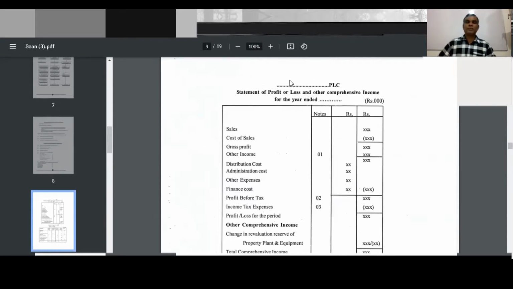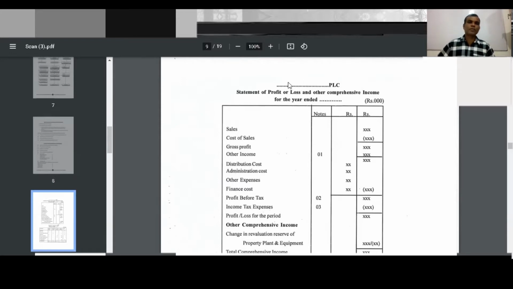Now, here you see the financial statement of an incorporated company, that is the statement of profit or loss and other comprehensive income. For the end date, you can put the date here. Here you have to mention the name of the business or company based on the entity concept.